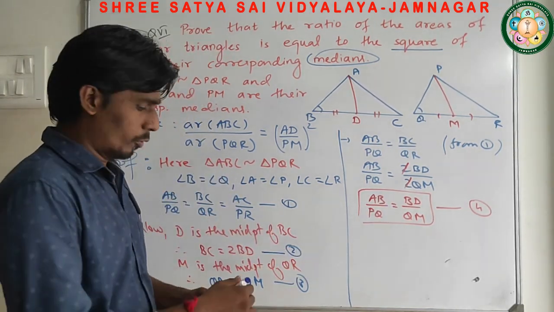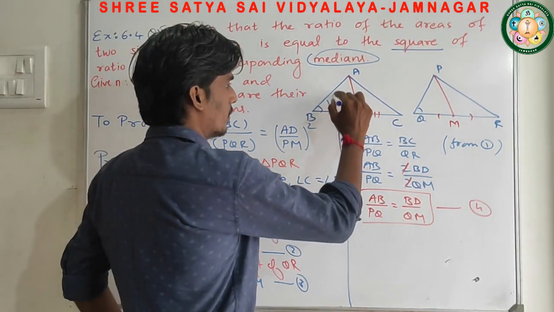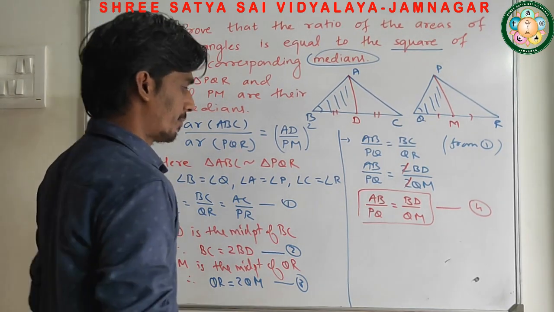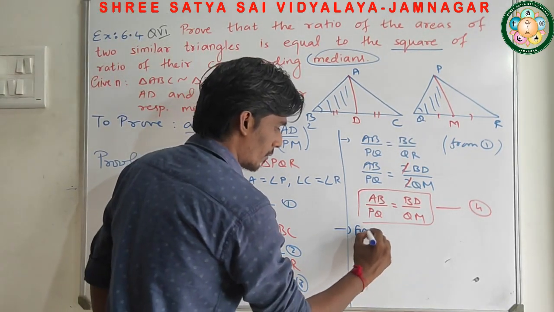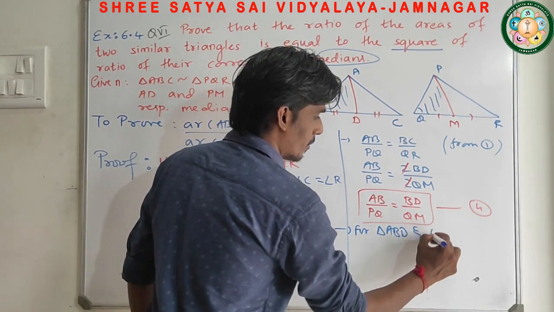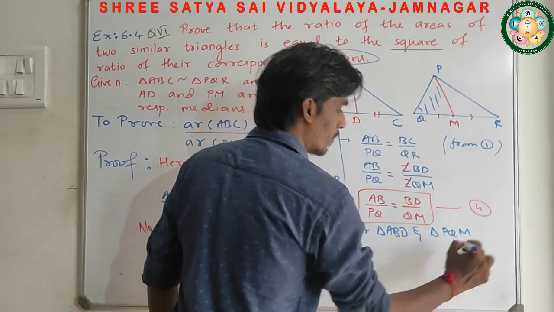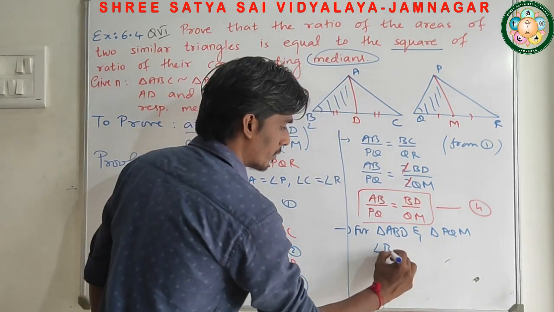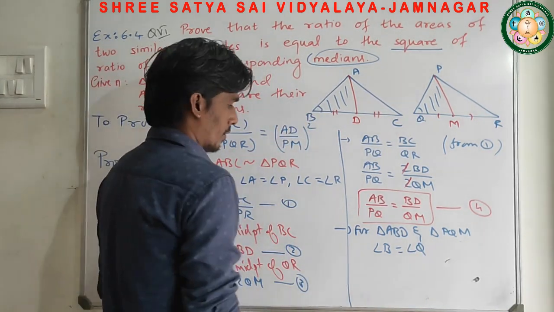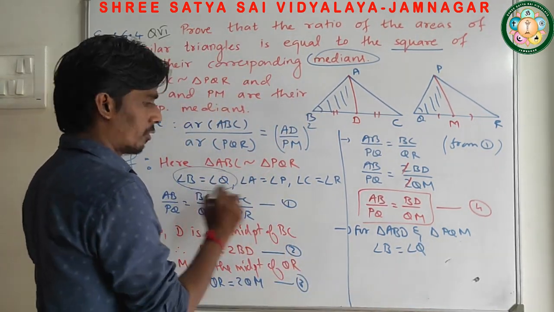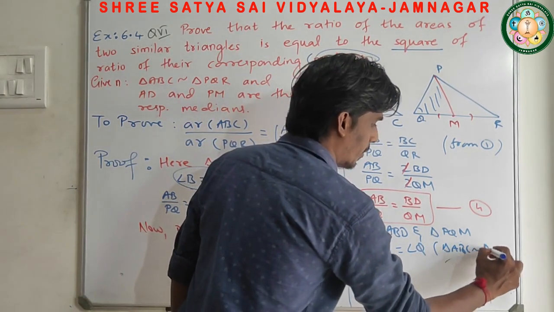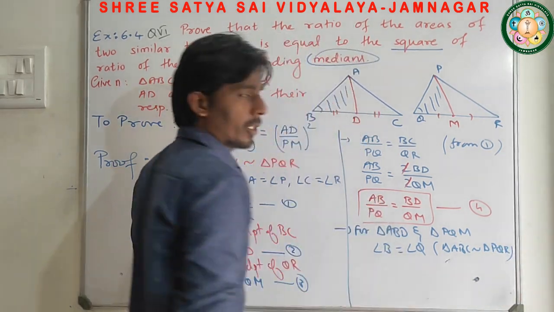Now we are going to prove this two triangle. This triangle and this triangle we are going to prove they are similar. For triangle ABD and triangle PQM, angle B is equal to angle Q. From here, angle B is equal to angle Q because triangle ABC is similar to triangle PQR.